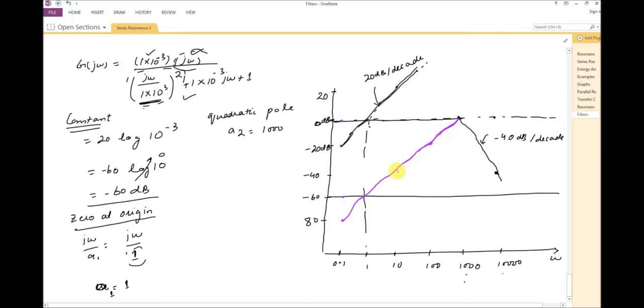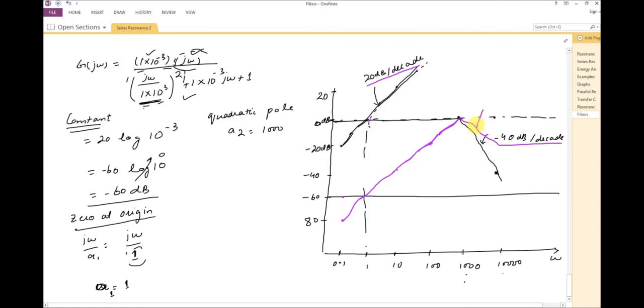right? But after 1000, the slope of the quadratic pole is minus 40 dB per decade, but the slope of the zero at origin is plus 20 dB, so it will start decaying at minus 20 dB, right? Minus 20 dB per decade.